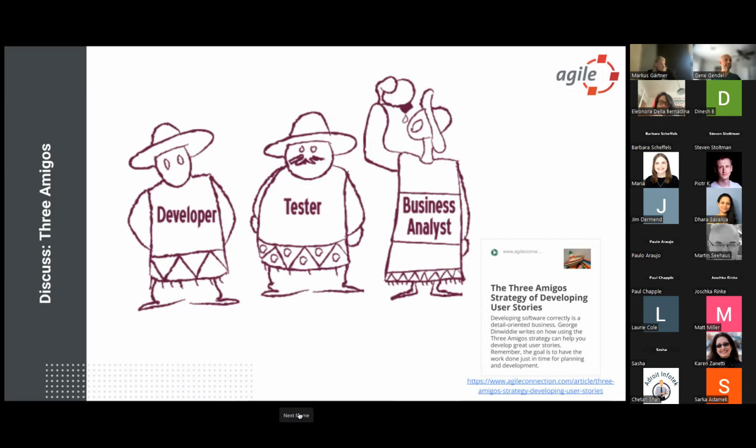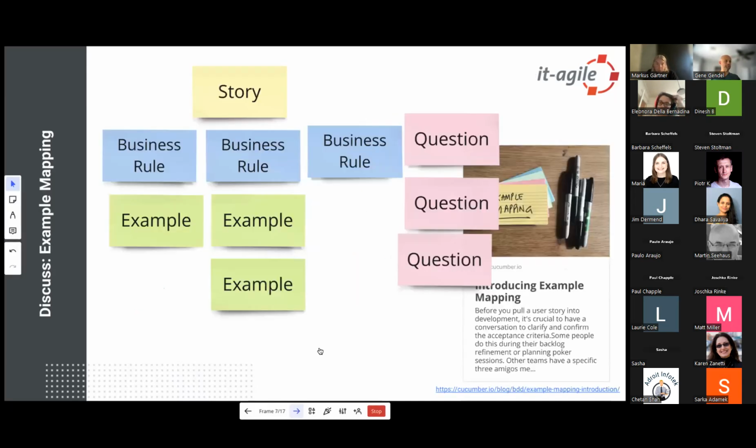A bit later, something I came across from the behavior-driven development community was called example mapping, which is a quite interesting approach. I initially learned that by attending a conference session.